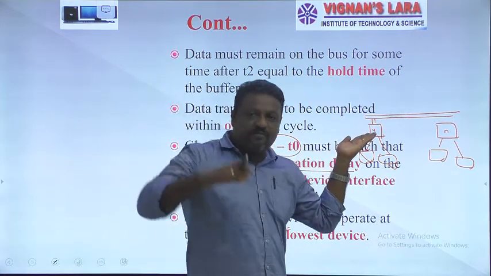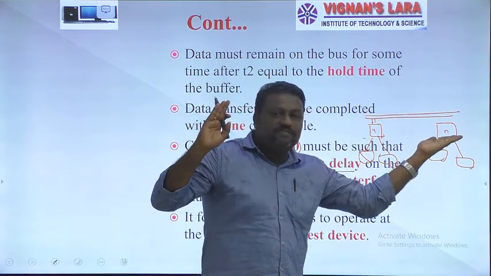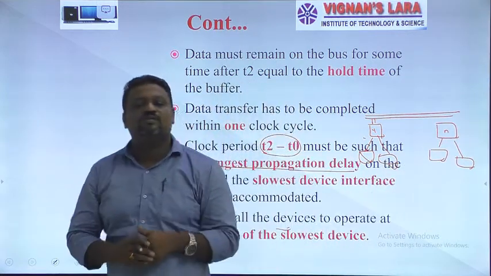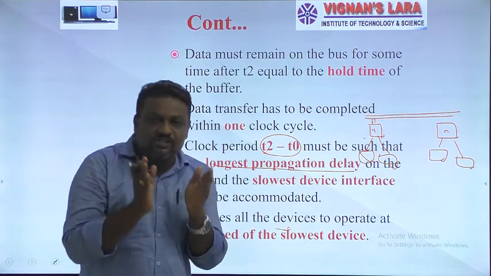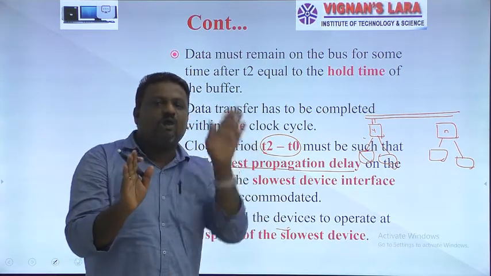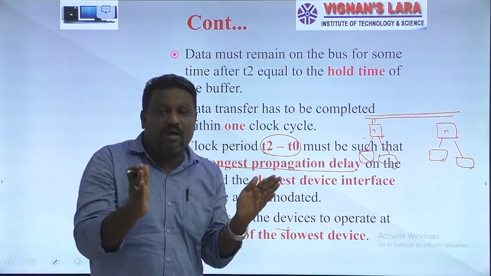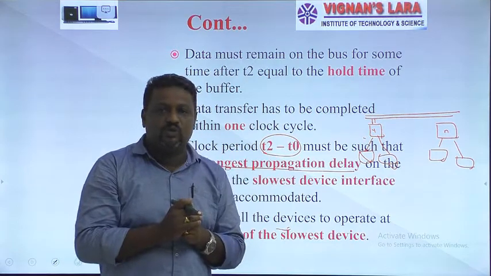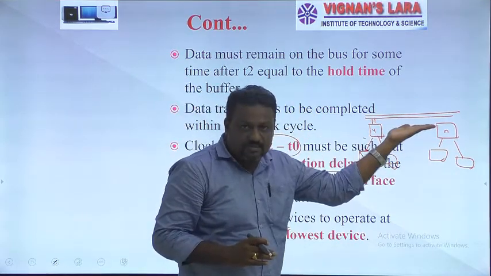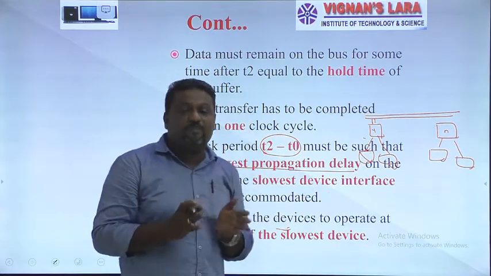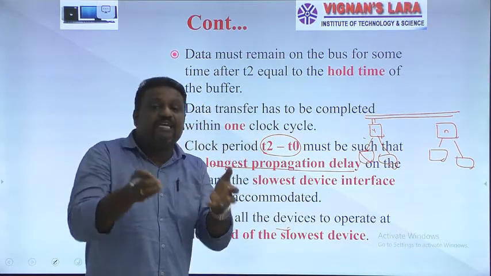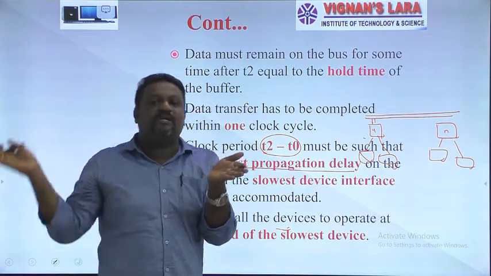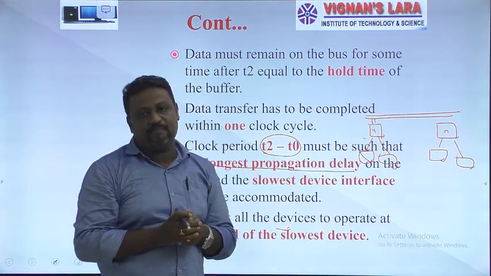If this device can be operated at higher speeds and this device at lower speed, I am unable to provide communication between them because this is a synchronous serial communication. In synchronous serial communication, the source and the destination, or a master and a slave, must operate at the same clock. That means the hosts must operate at the same speed or same phase. So, out of all the devices connected to this bus, I have to take care of the device that operates at the slowest speed. Based on that device, I can make the remaining devices operate at the same speed. That is the important thing.